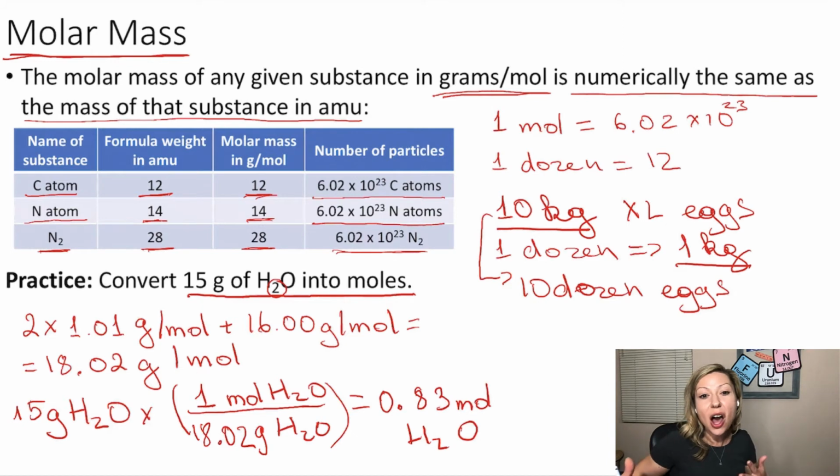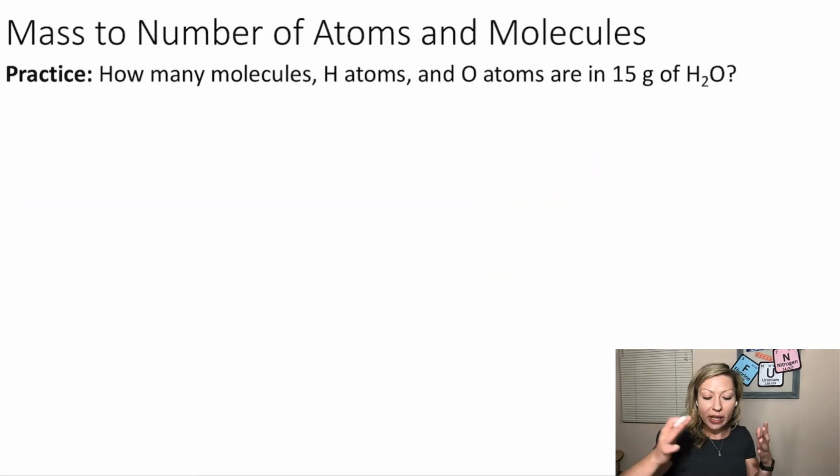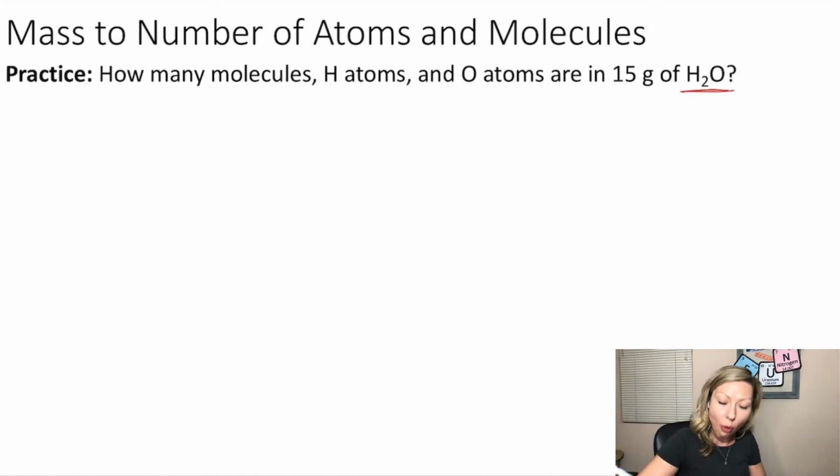Now let's calculate how many molecules and how many atoms I have in this 15 grams of H2O. So we have to figure out the number of H2O molecules, the number of hydrogen atoms, and the number of oxygen atoms.